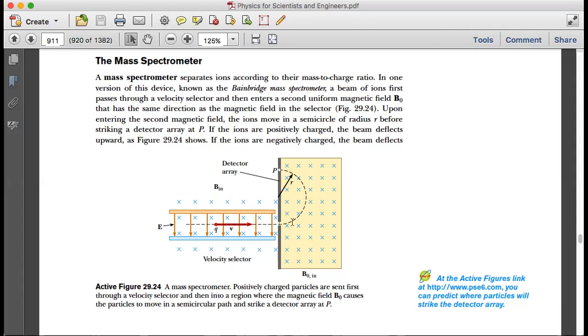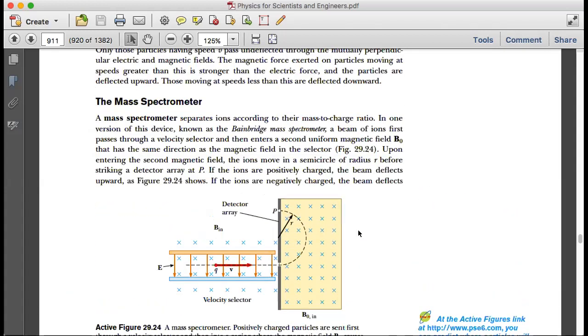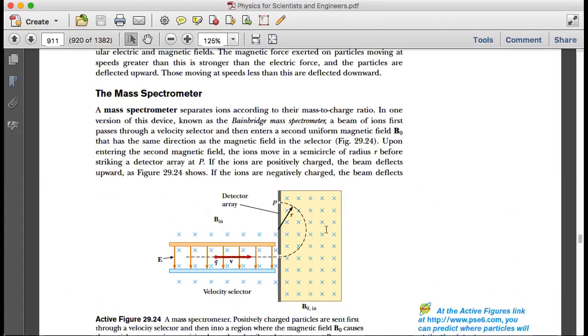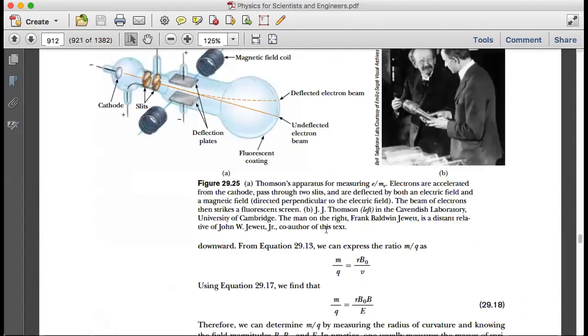Pemancaran foton itu menandakan titik-titik di mana partikel melintas, jadi bentuknya seperti lingkaran. Selain itu kita bisa mendeteksi massa dari partikel.